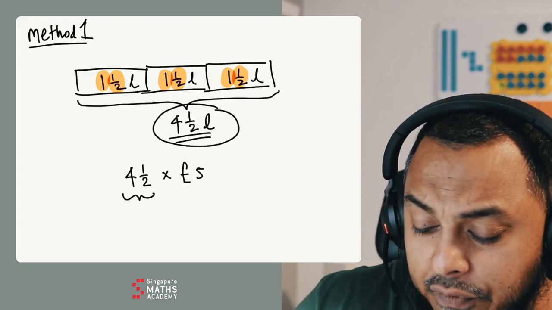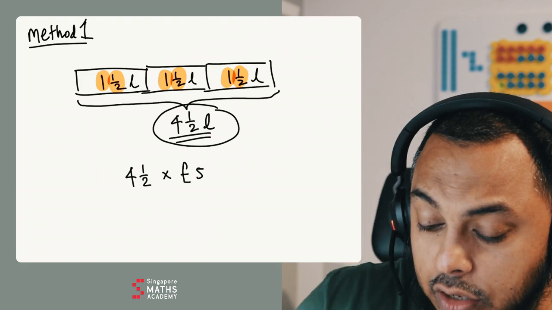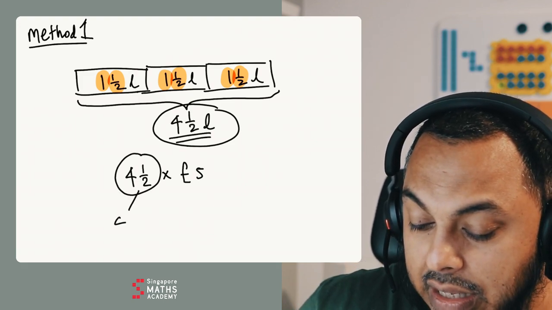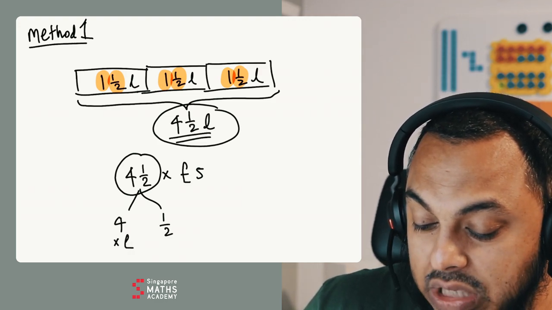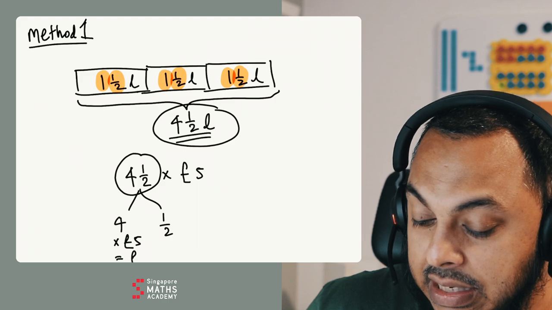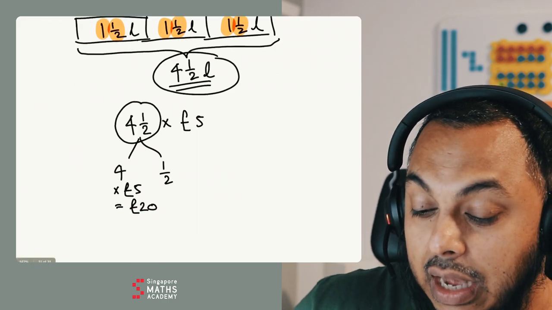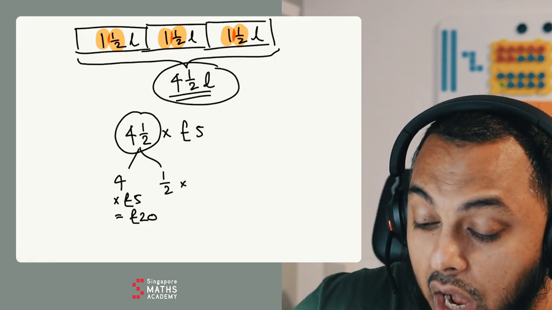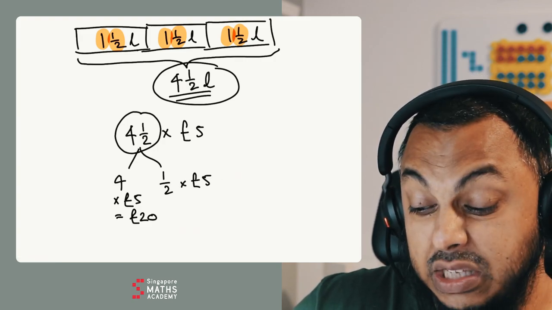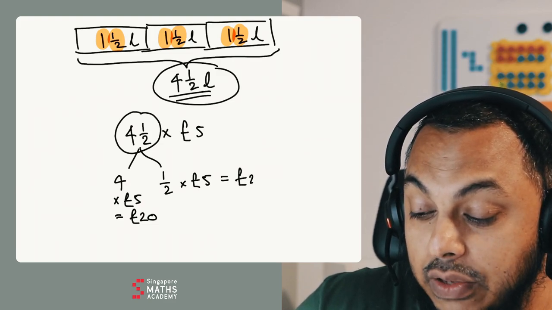Or if I'm confident, I can also do 4.5 like this. I know what 4 times £5 is. That's easy. That's £20. I know 4 times £5 is £20. And I know half times £5, which means half of £5, is £2.50.